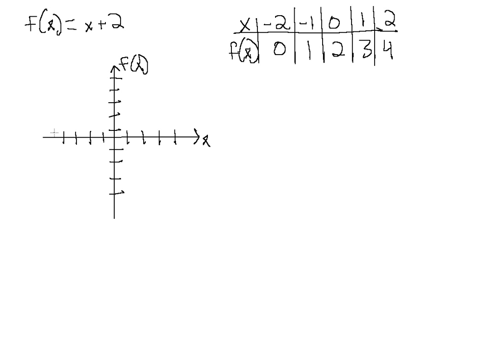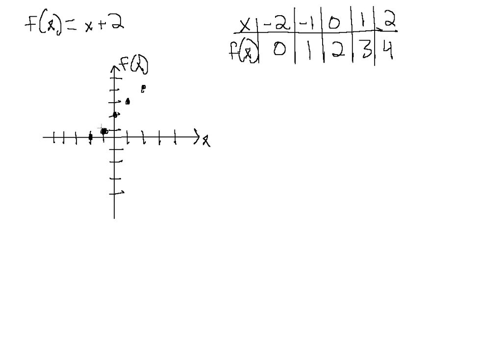So let's use those, and all we have to do is connect the dots, and we have our function. So our first one is minus 2 and 0. We have minus 1 and 1. We have 0 and 2. We have 1 and 3. And we have 2 and 4.